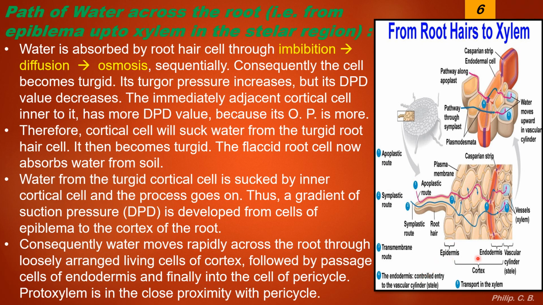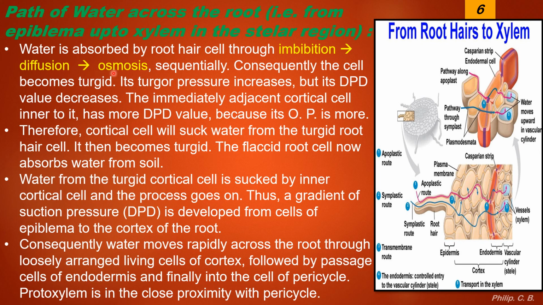Then here epidermis, endodermis, vascular cylinder, which is the cortex region, the vessels, that is xylem, the Casparian strip, plasma membrane. Here at higher magnification, we can see plasmodesmata, through which the symplastic pathway takes place, whereas in the pathway along the apoplast, Casparian strip, endodermal cell, water moves upward in the vascular cylinder.